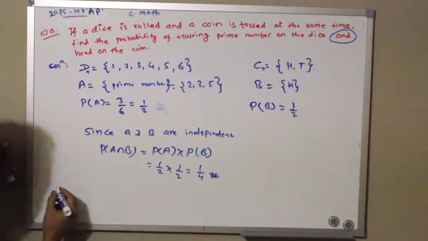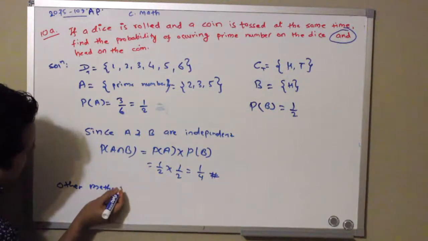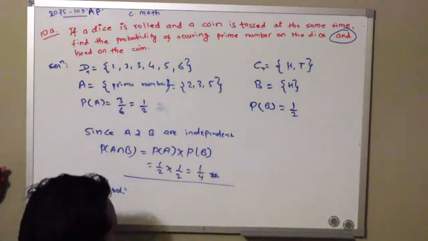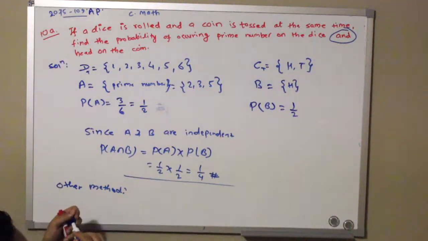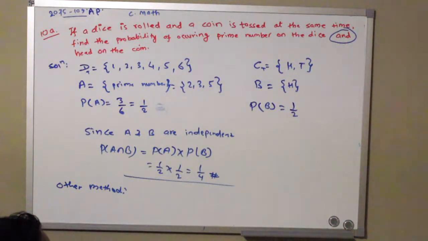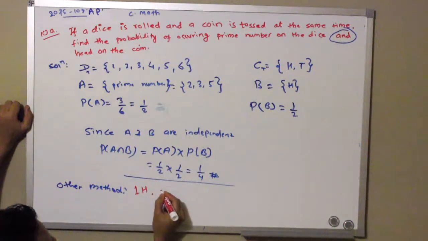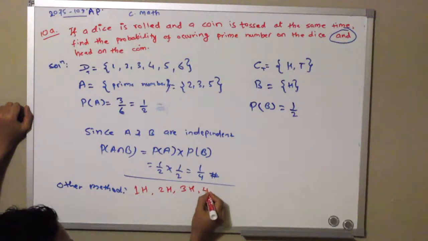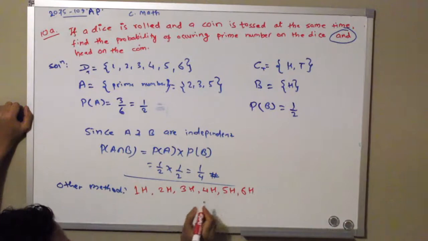Another method is to write all the possible outcomes. This is your answer, but this is another method. What are they? When you toss a dice and coin, it could be 1H, 2H, 3H, 4H, 5H, 6H.